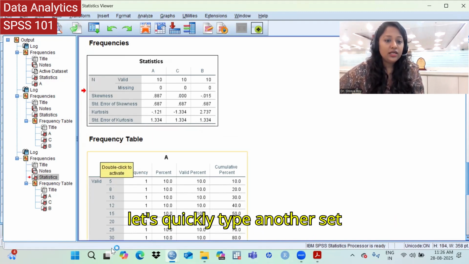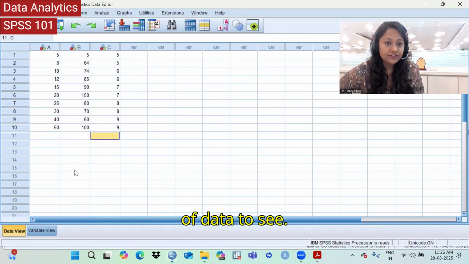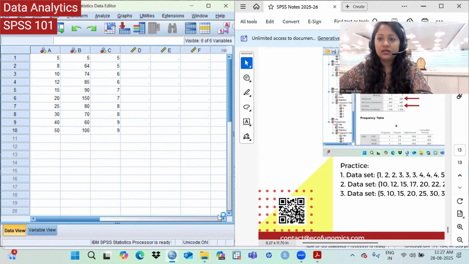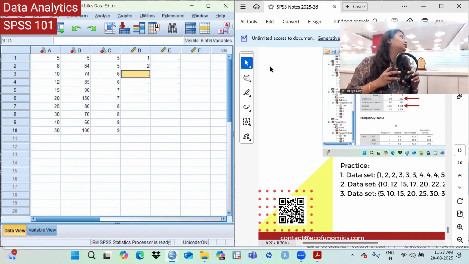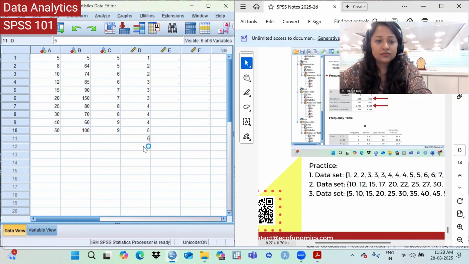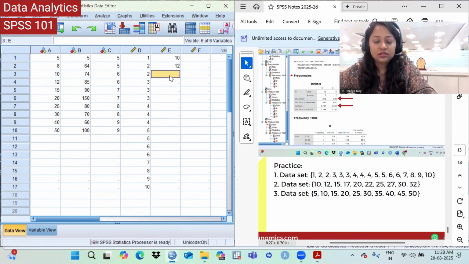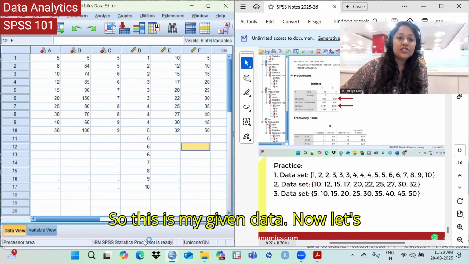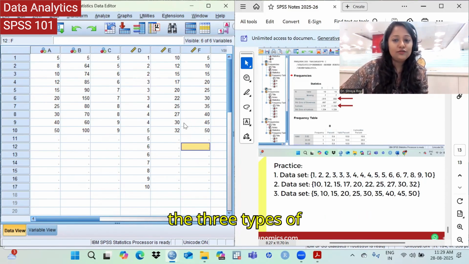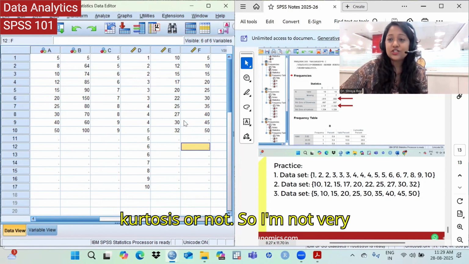Now let's quickly type another set of data to see. So this is my given data. Now let's quickly see if we can get all the three types of kurtosis or not. So I'm not very hopeful.